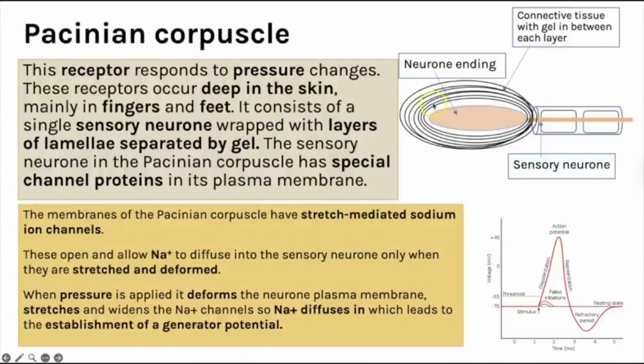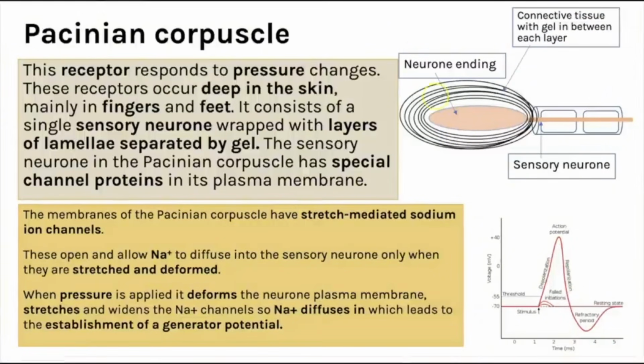And those special channel proteins are stretch-mediated sodium ion channels. And these will open and therefore allow sodium ions to diffuse into the sensory neuron when those channels are stretched and deformed.